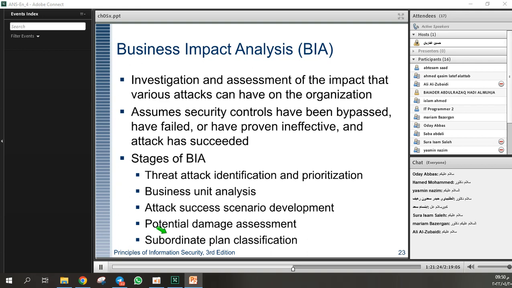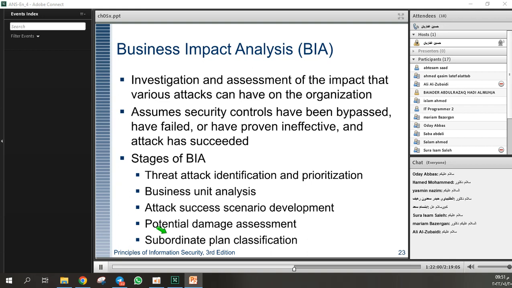So before talking about the attacks and what I should do about them, firstly I should define whether one attack is important for us or not. Should I respond to this attack or not? I should respond to such questions. You know why?